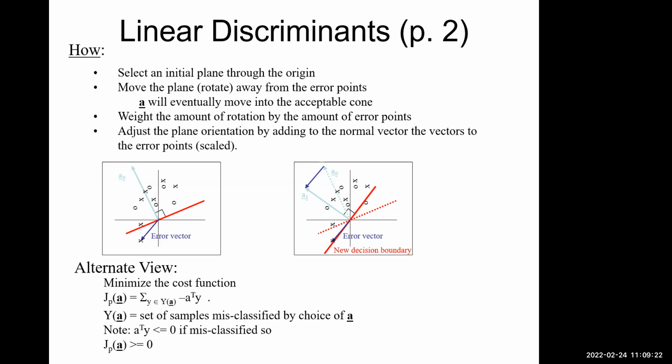So how are we going to do this? Well, you can take an initial guess randomly. Start someplace, pick something through the origin, and then you're going to move the point away from all the points that are wrong until eventually we find the right answer.